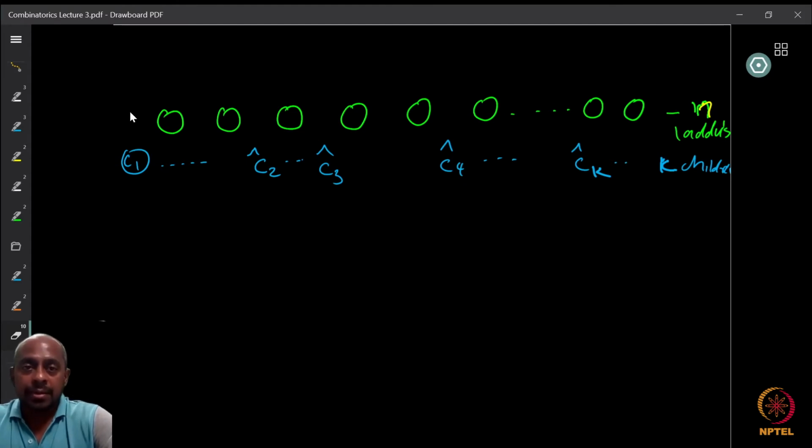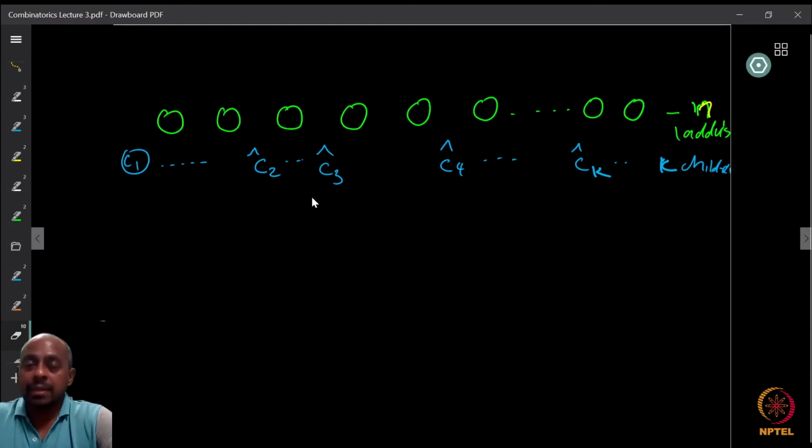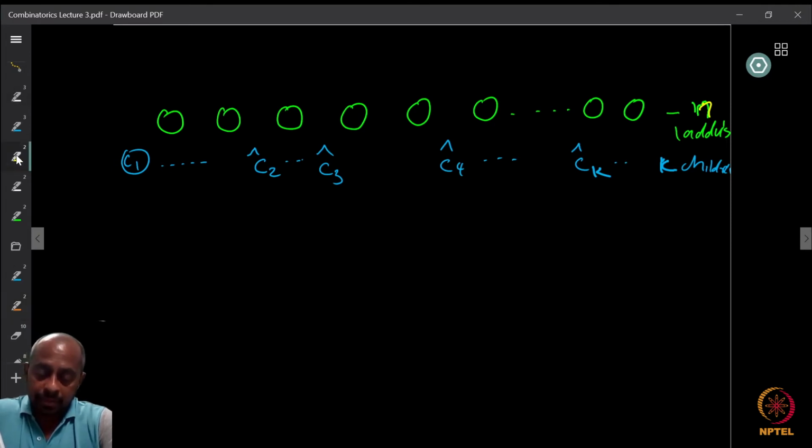So we only need to decide for the remaining k minus 1 children, 2 to k, where they are going to start. They can only start at some point in between these laddus. So there are n laddus kept here, let's say 1, 2, 3, etc.